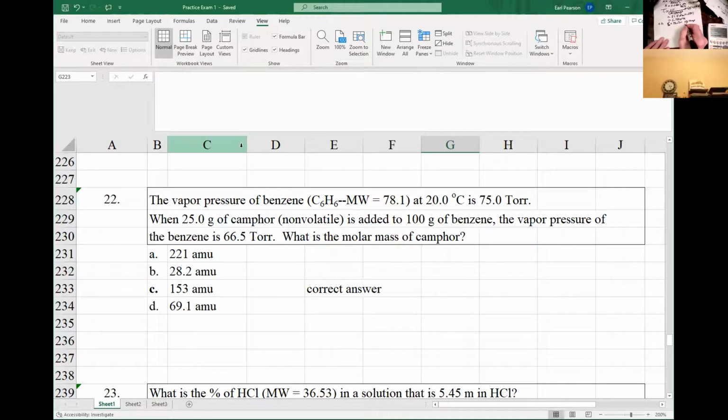And 100 grams of benzene. Vapor pressure, P of the solution is equal to 66.5 torr. All right, so let's stop the share and then let's solve the problem. Okay, so here are our data.